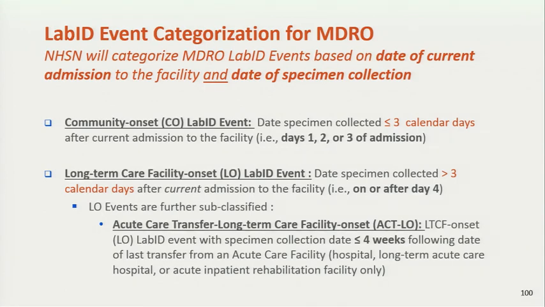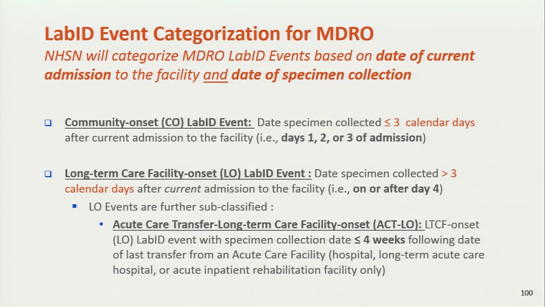So the specimen is collected on day 1, day 2, or day 3 of admission to your facility. Then the long-term care facility onset, or LO, is when the date of the specimen collection occurs more than 3 days after the current admission to the facility, so on day 4 or after.